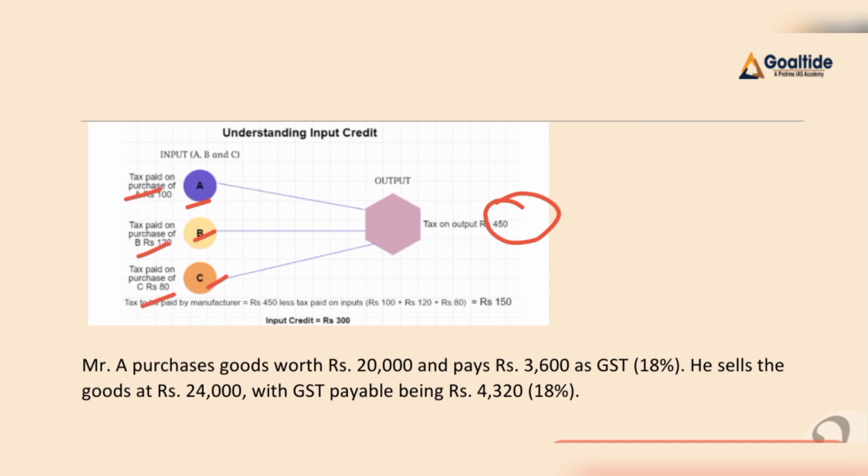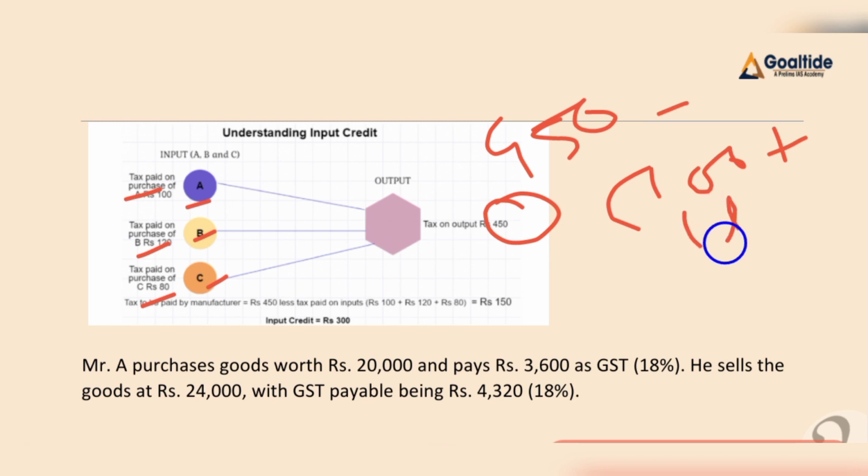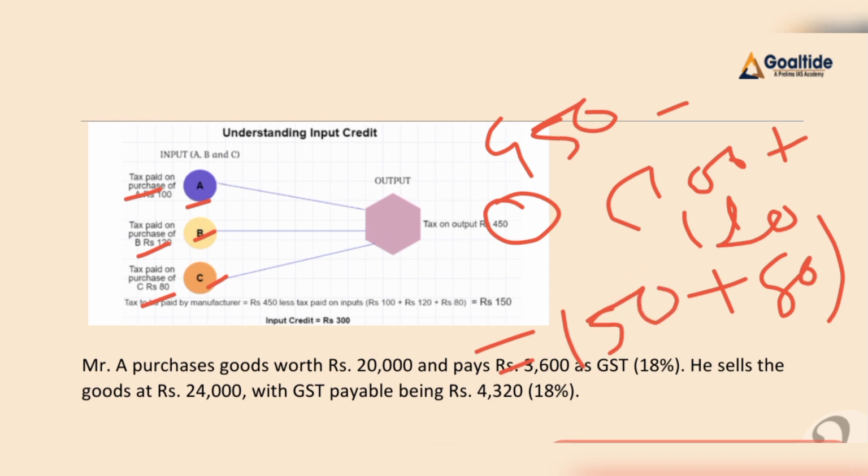So here under input tax credit I can claim a tax refund, which is the tax paid on the final product, that is 450 rupees, minus the tax that I had paid on the purchase of raw materials A, B and C, which is 100 plus 120 plus 80. So here my final answer will become 150 rupees. So this 150 rupees is the effective tax that I will have to pay.